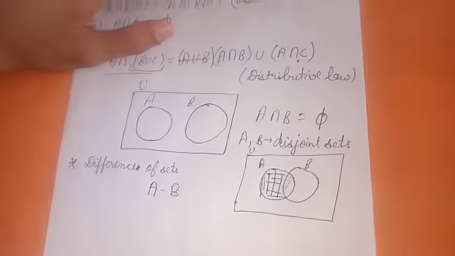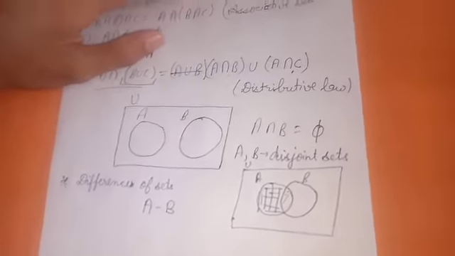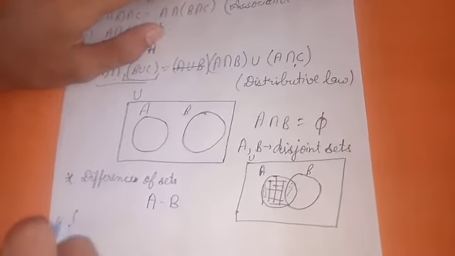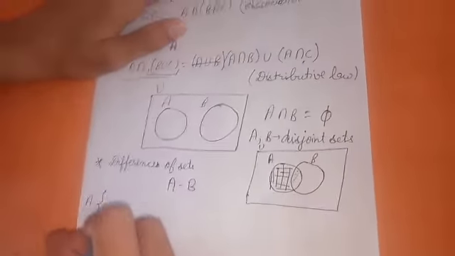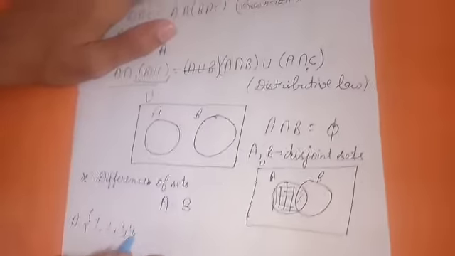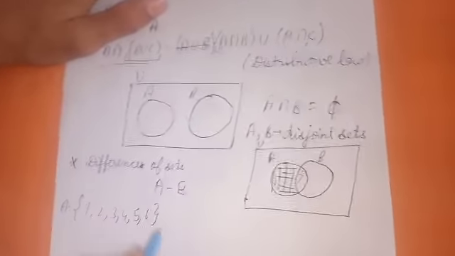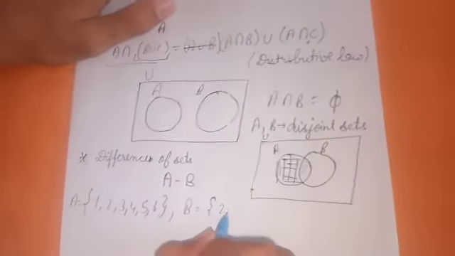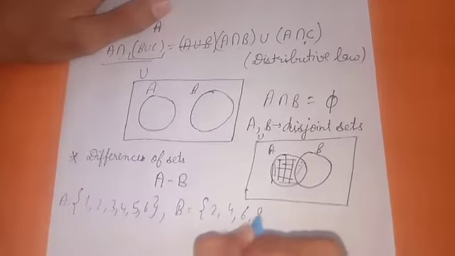If we take a particular example, it will be easy for us to understand. Now A is given as 1, 2, 3, 4, 5, 6, and B is given as 2, 4, 6, 8.